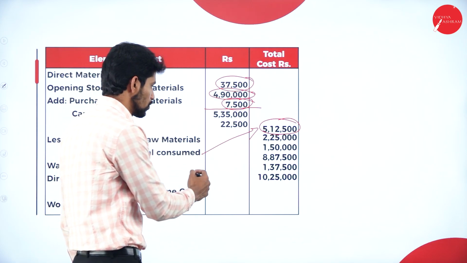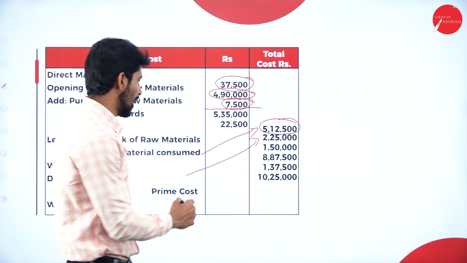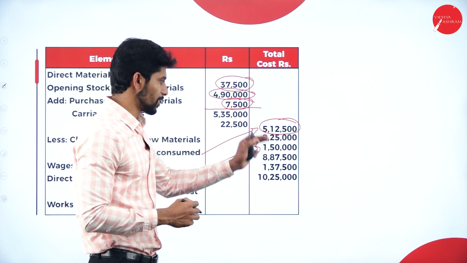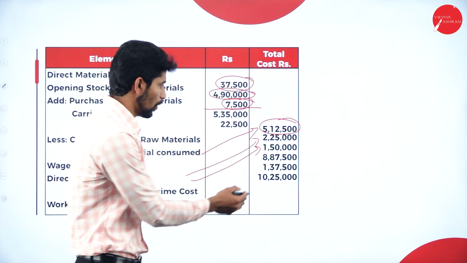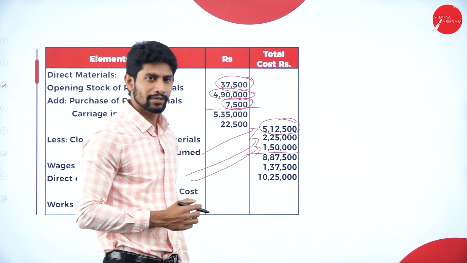Next, wages. So for wages, it is 2,25,000 and direct expenses is rupees 1,50,000. So add these three items, you'll get 8,87,500.